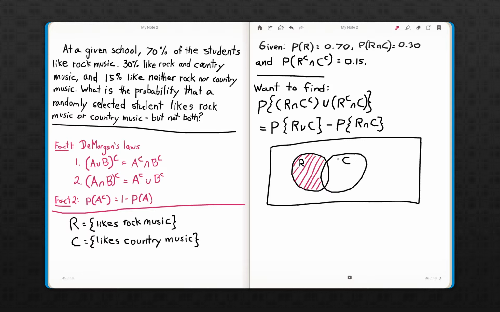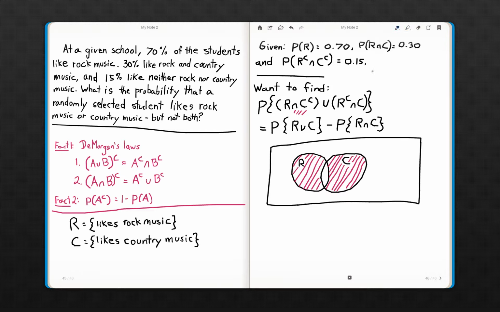And we need to union that with people that do not like rock music, but they do like country music. So what I'm shading in red here is the event for which we want to find the probability. So this piece here is actually colored in red. Let me also illustrate this piece here.